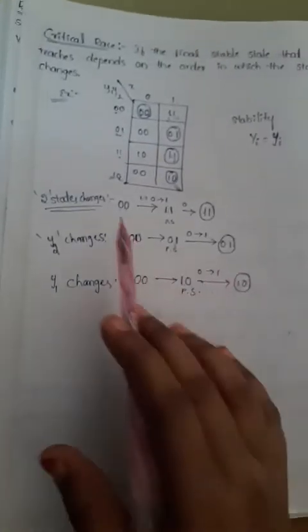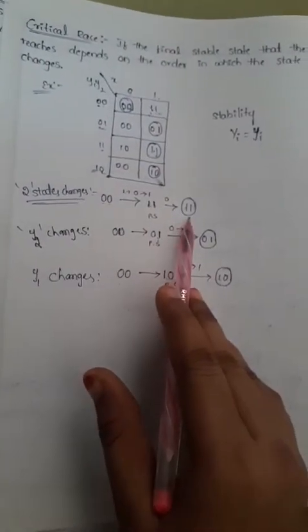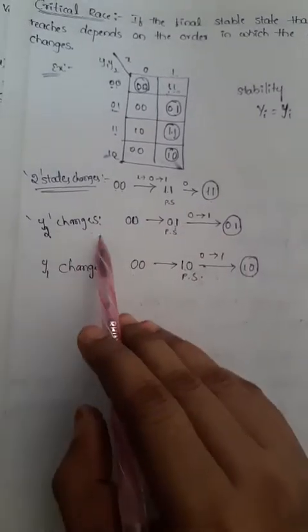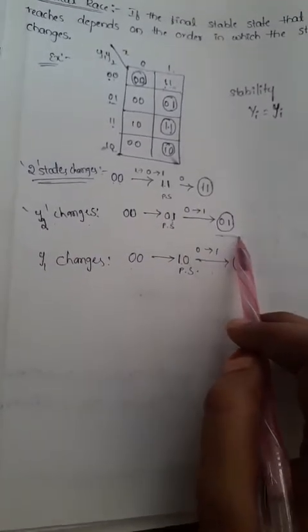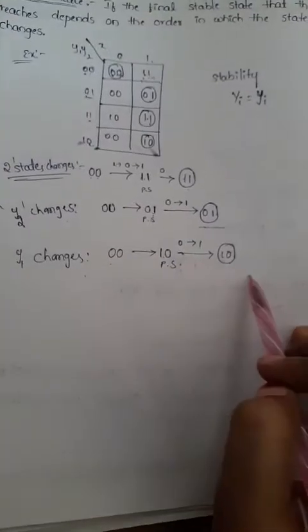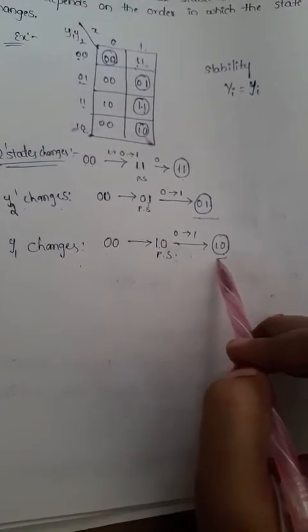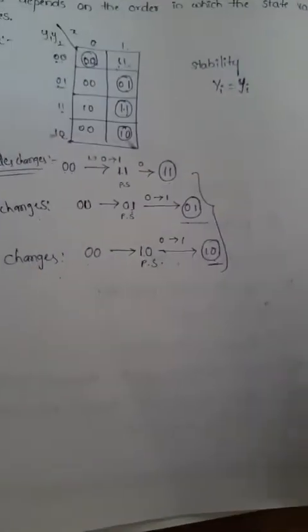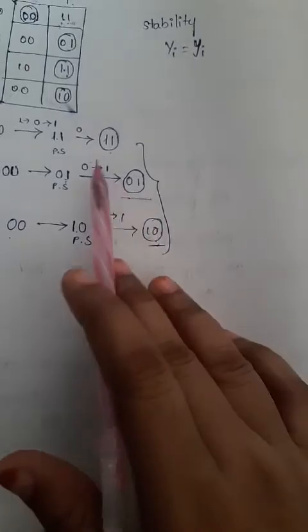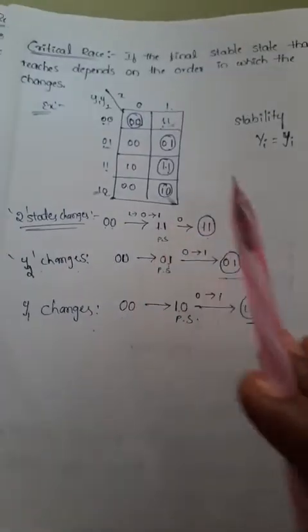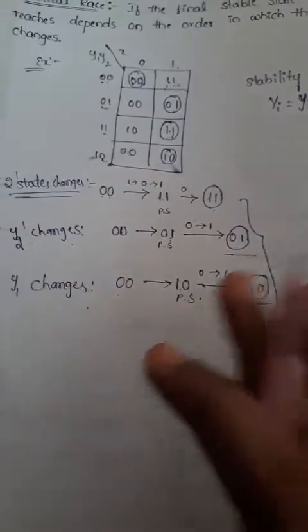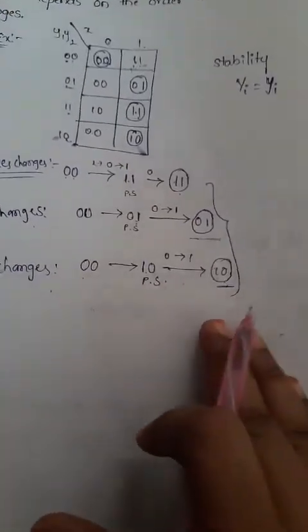So when both states change we get the stable state 1 1, and when y2 changes first, only one state changes and we get the stable state 0 1, and when y1 changes first, 1 0 is the stable state. So the stable state is not the same; we are getting different values here, right?